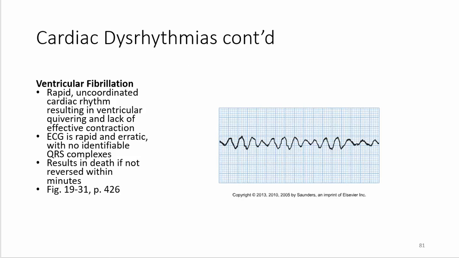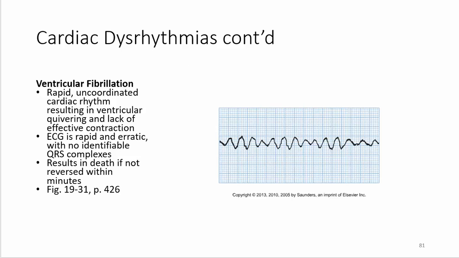Cardiac output basically ceases. We get no really identifiable QRS complexes because different parts of the myocardium are depolarizing at different times, so the overall depolarization just gets messy.